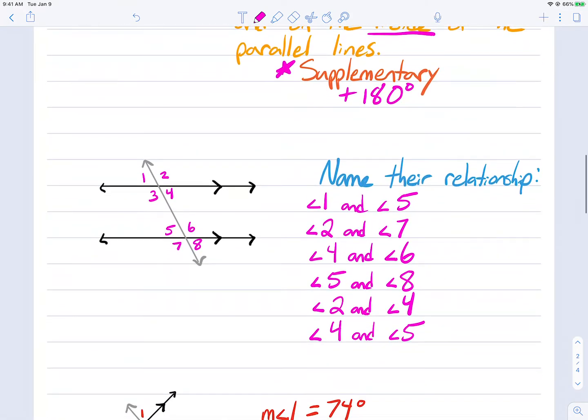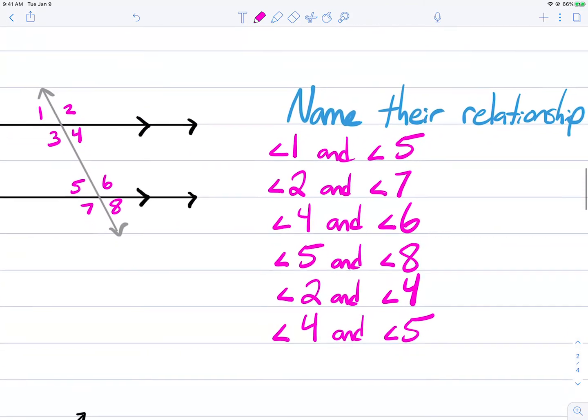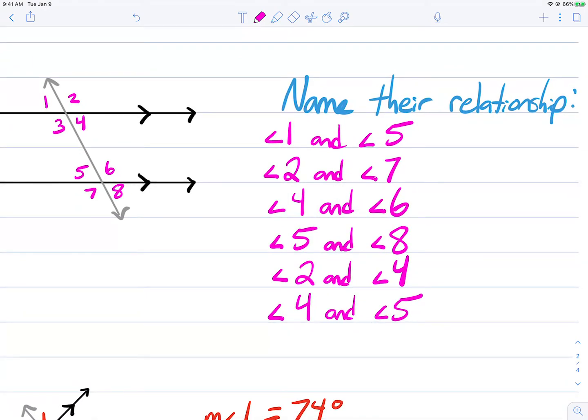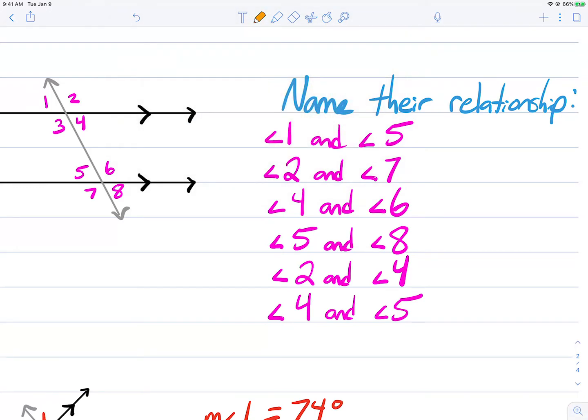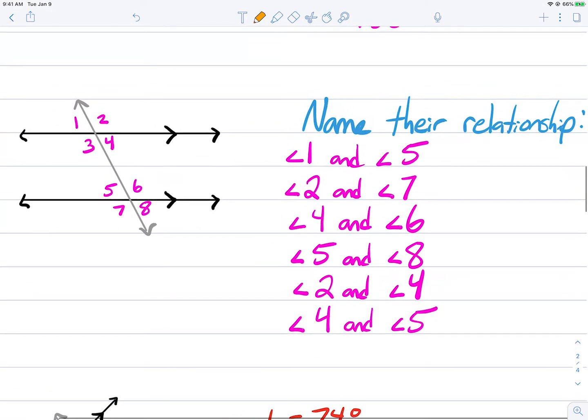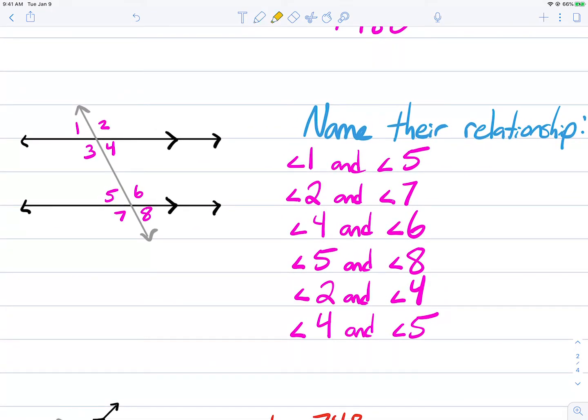So we're going to use those names to name a couple of things that we have here. So I have this lovely picture on the left, and I have just randomly named angles 1, 2, 3, 4, 5, 6, 7, and 8. And we're going to name their relationship. So if I were to look at angles 1 and 5, angle 1 is here, angle 5 is there.